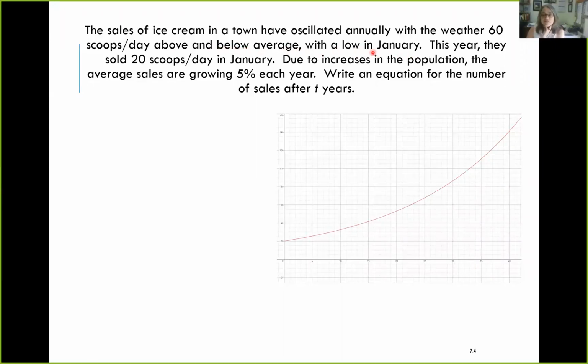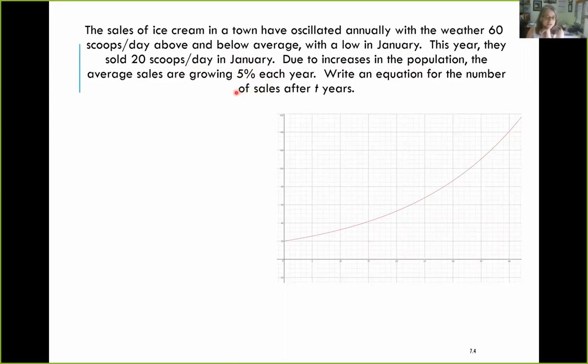And the low occurs, unsurprisingly, in January. We're told that this year they sold 20 scoops per day in January. But they've noticed that the population is increasing, so their average sales are growing 5% each year. And the owner wants to predict his performance out for future years.